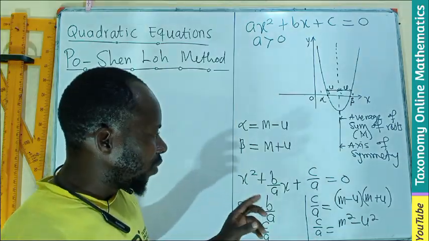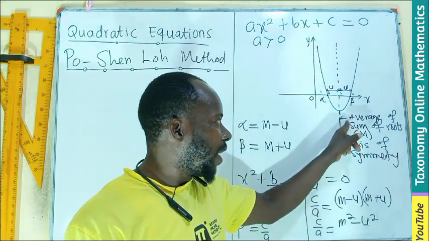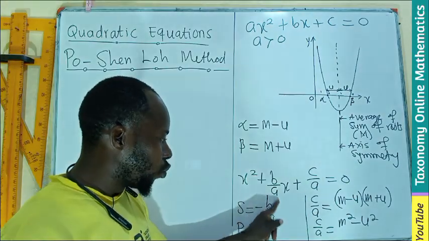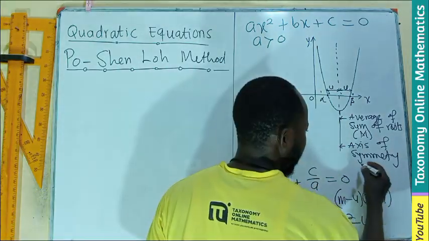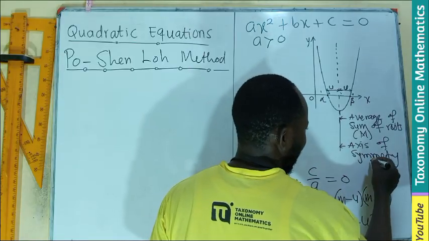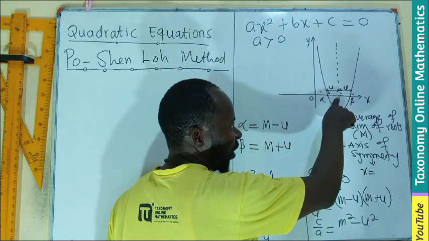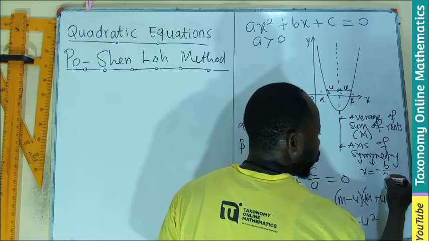So if I want to go further, the reason why I mentioned that the axis of symmetry has the same idea with this is that when I find the sum of roots is this, dividing that by 2 will give you the x value. Don't forget, the line of symmetry, the x value here, is equal to negative b over 2a.